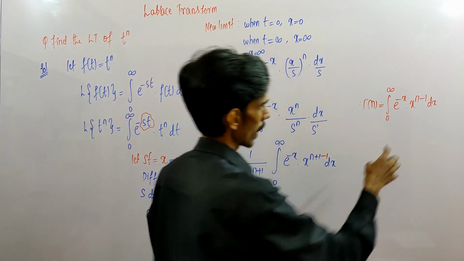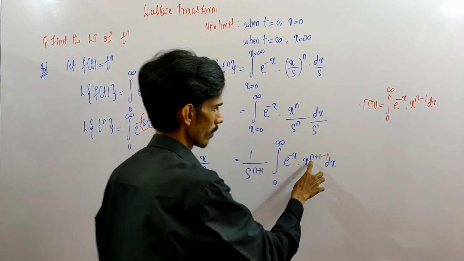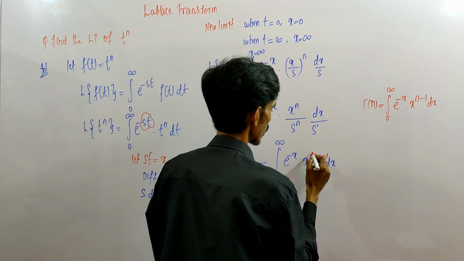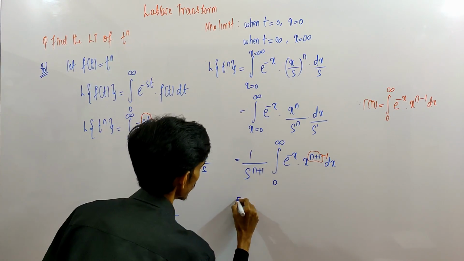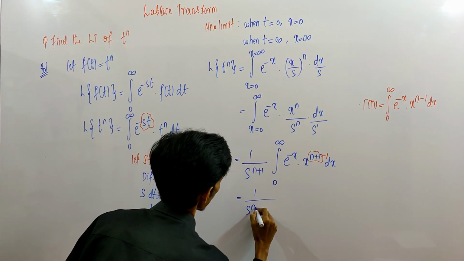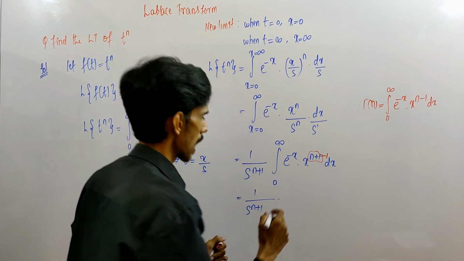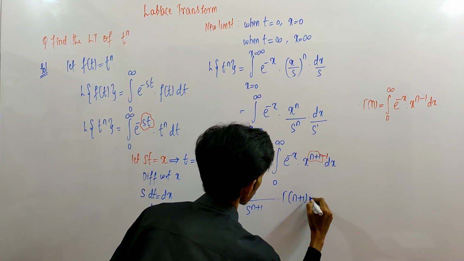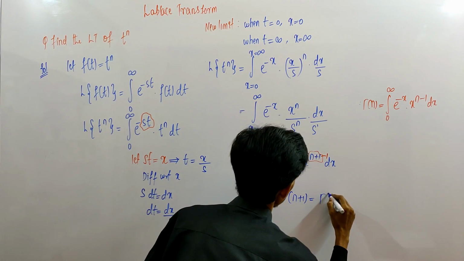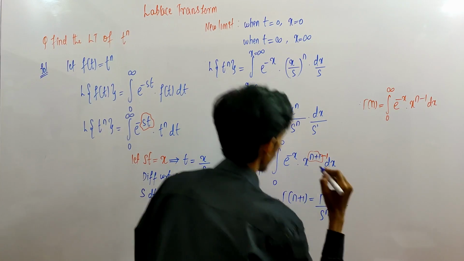Now if I have n here, we will get gamma of n. Here we have n plus 1, so we will get gamma of n plus 1. So this will become 1 divided by s power of n plus 1. This complete integral will be replaced by the gamma function, gamma of n plus 1, is equal to gamma of n plus 1 divided by s power of n plus 1.